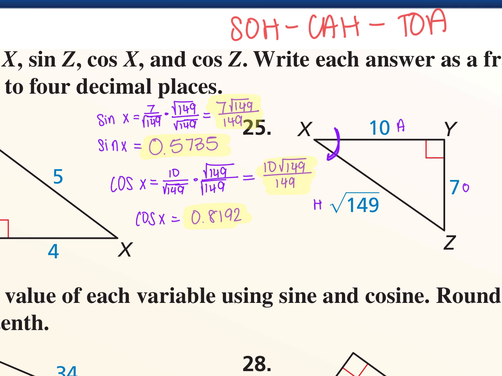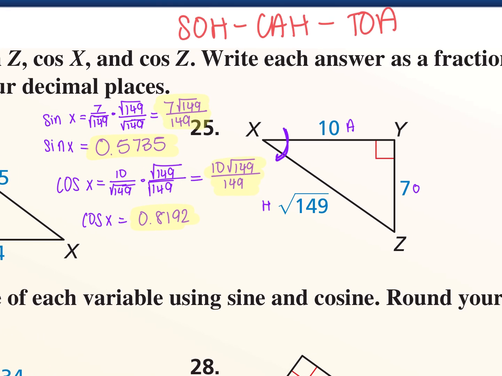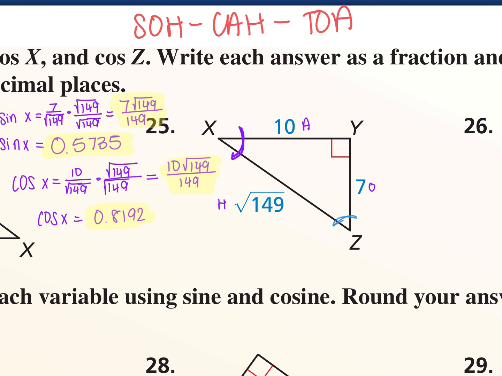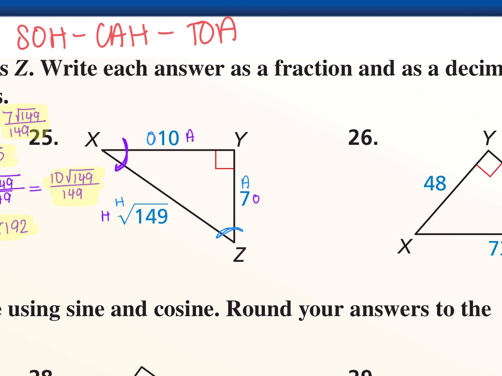All right, going ahead and looking at angle z. Now angle z, I still have the same hypotenuse. But now this is my opposite side. This is now my adjacent side. So, solving for sine z, I'm going to have opposite, which is 10, over hypotenuse, square root 149.